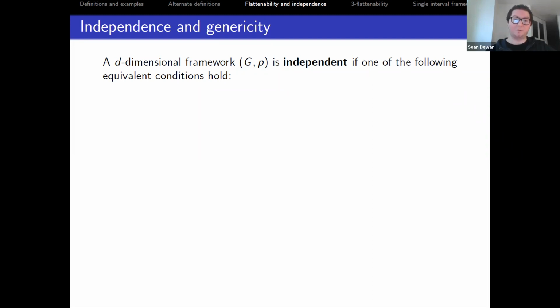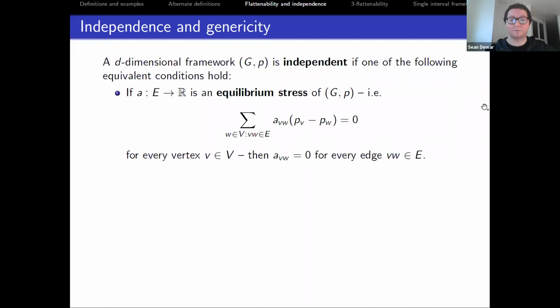We're going to say that a d-dimensional framework is independent if one of the following holds. We can either say it has an equilibrium stress, and if it has one, it has to be the 0 one. An equilibrium stress is just anything that satisfies this condition here.